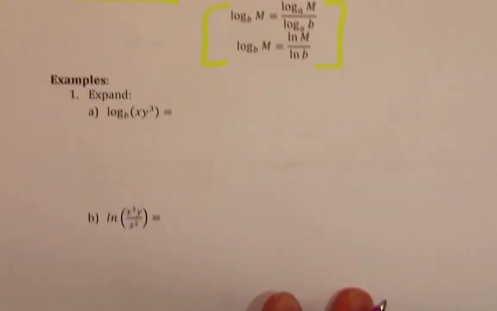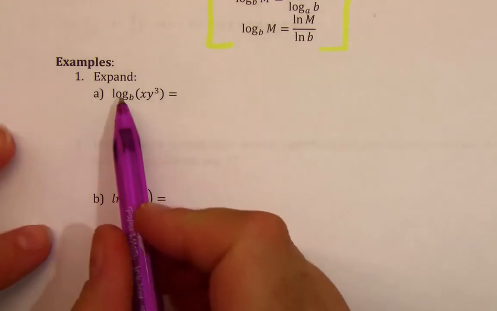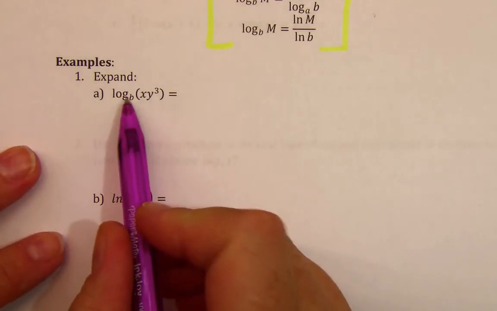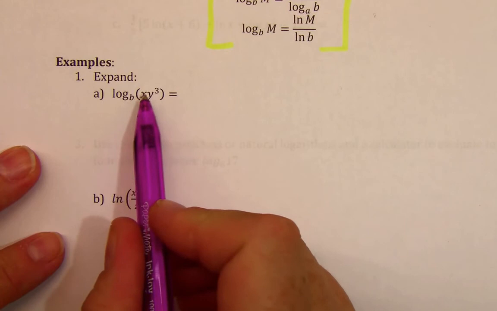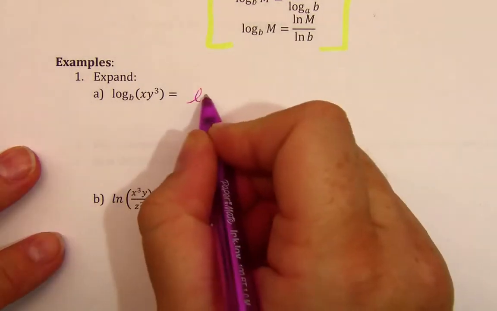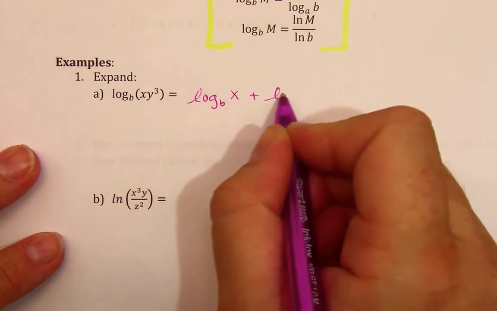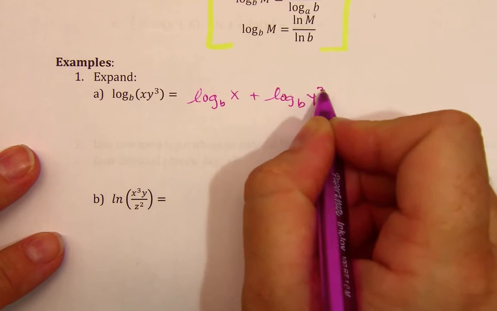So let's go ahead and get into some examples here. This is a skill that you should have done in Algebra 2, so hopefully this will be a little bit of a review. If I have a log with base b here, and I want to expand all of this, I have two terms being multiplied here, so that can expand to log base b of x plus log base b of y cubed.